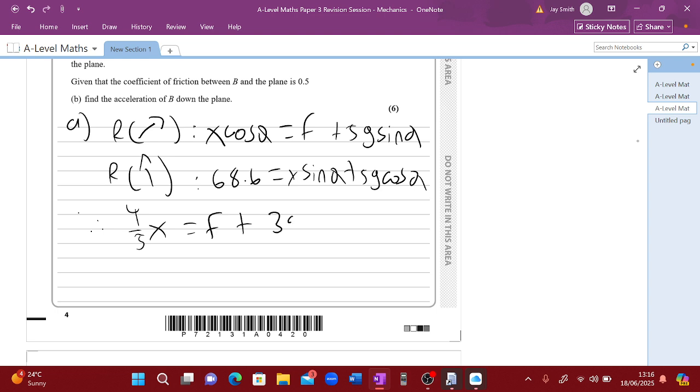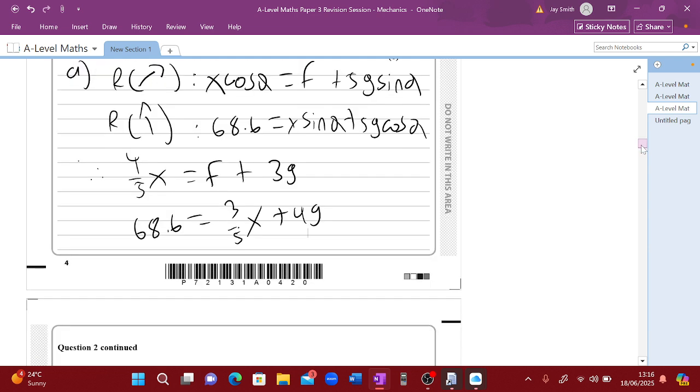So that's going to be 3g. There we are. So then the second one, 68.6 is going to equal x sine alpha, that's 3 over 5x, add 5g cos alpha, that's going to be 4g, because cos alpha is 4 over 5 times 5, the 5s cancel to leave 4.